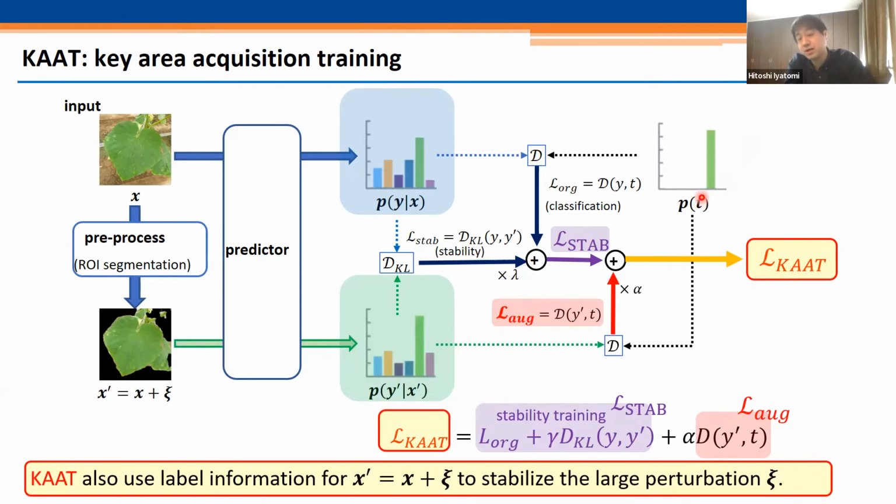This is our proposal, a very simple but effective proposal to attain robust image-based plant diagnosis. So this term can be considered as data augmentation. We add the supervised signal also for this image.